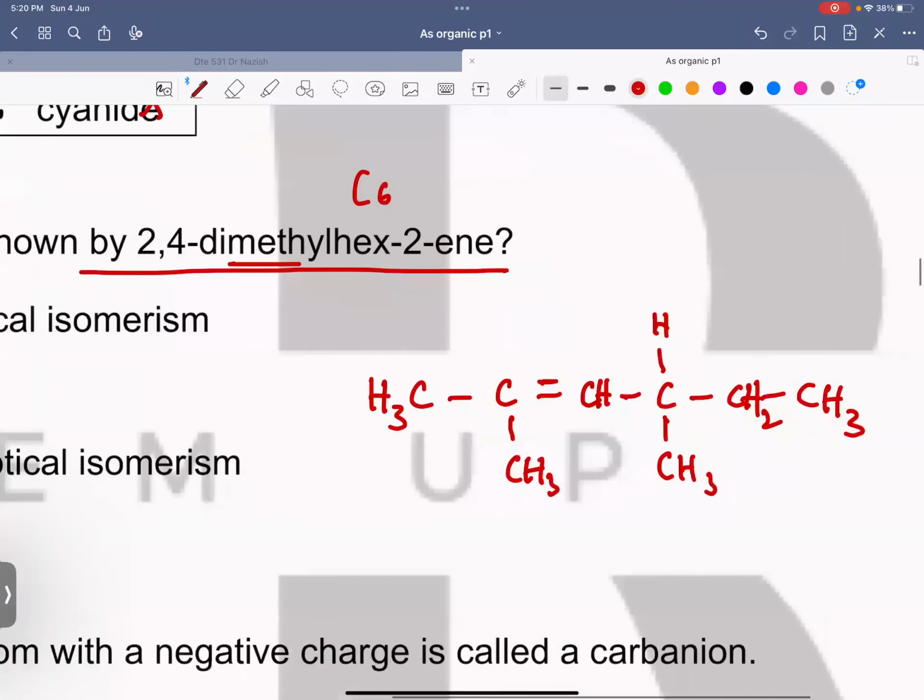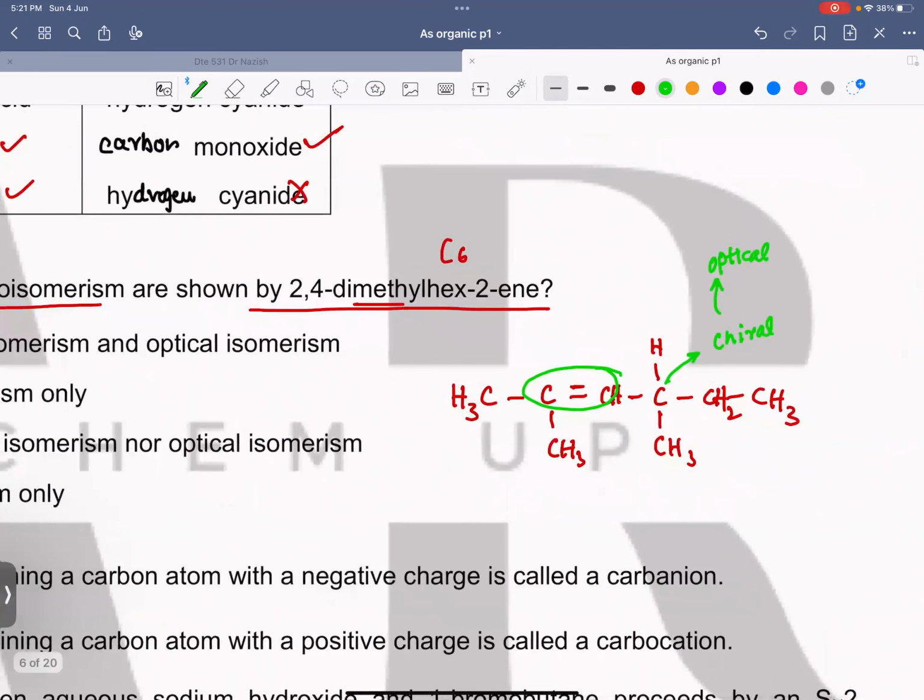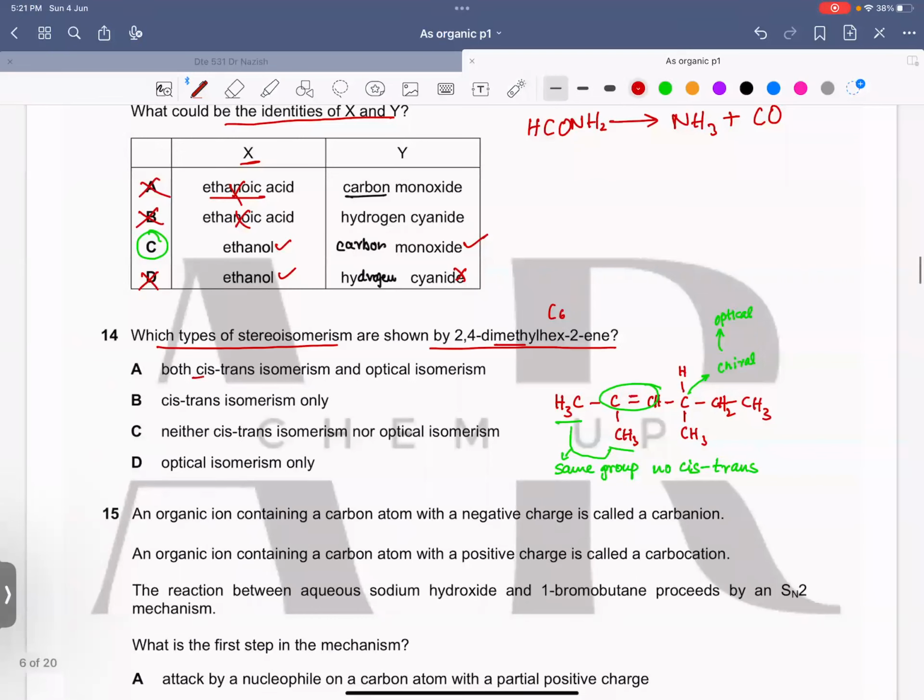If you see over here, you can consider this carbon a chiral one. If it's a chiral one, then optical isomerism can be seen, right? And here there are 2 carbons with a double bond, and one double-bonded carbon has 2 same groups, so there is no cis-trans isomerism.